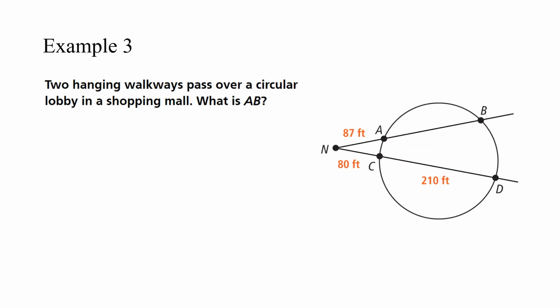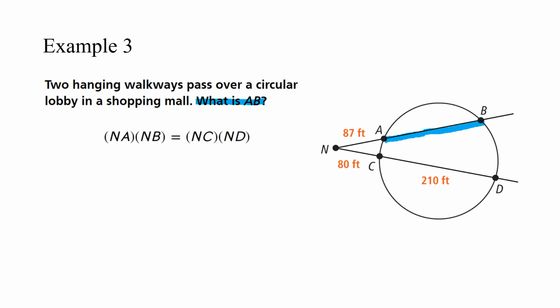Now, let's apply what we just saw to a problem. So I have a circle here, and I have two secant lines, NB and ND. And according to the problem, I want to know what is the length AB. What is this length here?